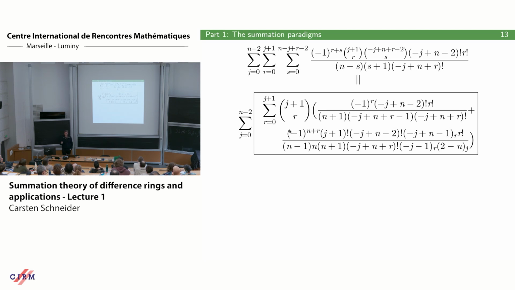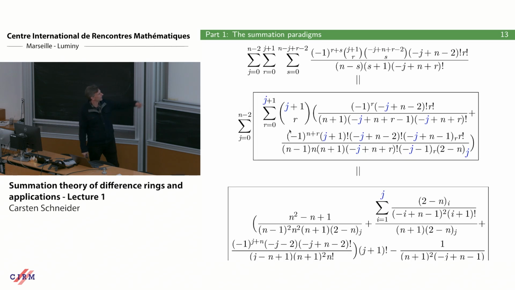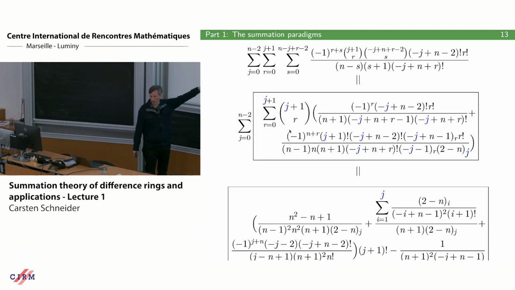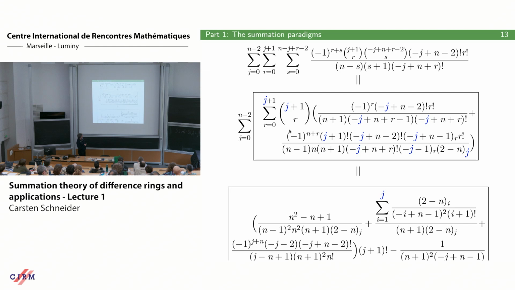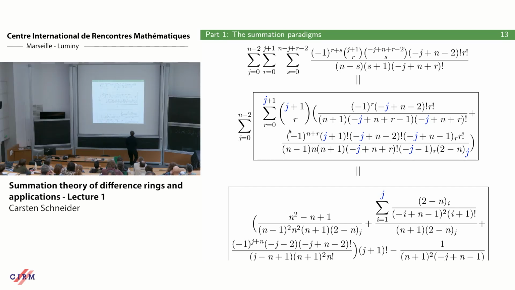So I look for a recurrence in j. I solve the recurrence with respect to j, and I find the linear combinations, and I succeed and get that closed form. If you lean back, you say, okay, this box is smaller than this box, so this is not simplified, right? It's a larger expression. There's also a sum involved, so I didn't get rid of the sum, there's still a sum.